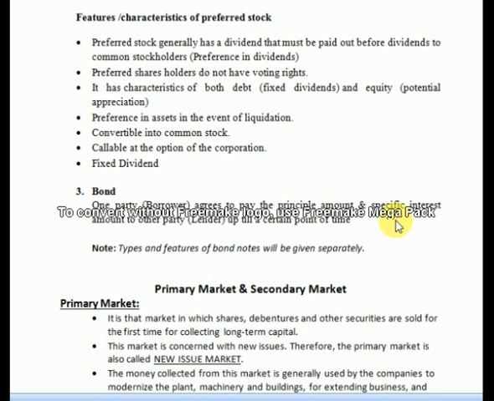So from the above definitions and explanations, we reach the point that bonds are units of corporate debt that are issued by companies, and the securities are tradable assets.